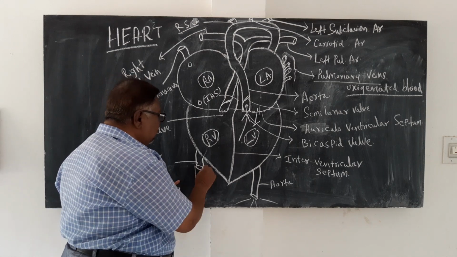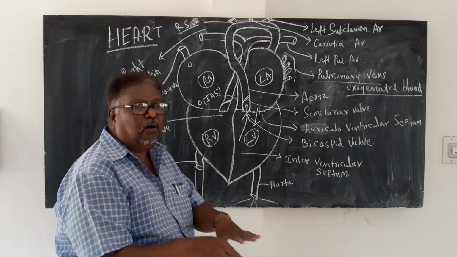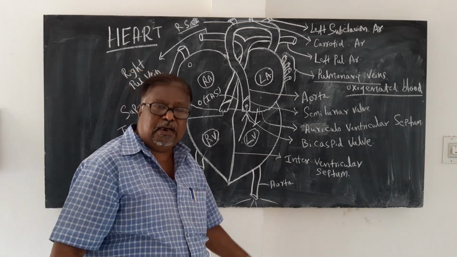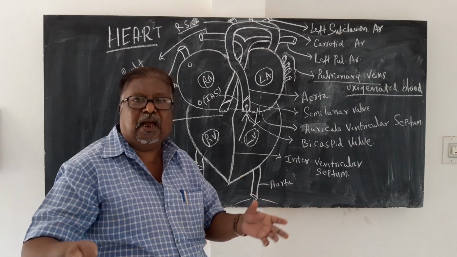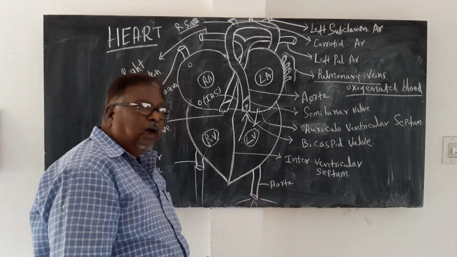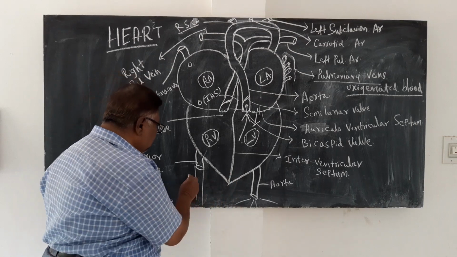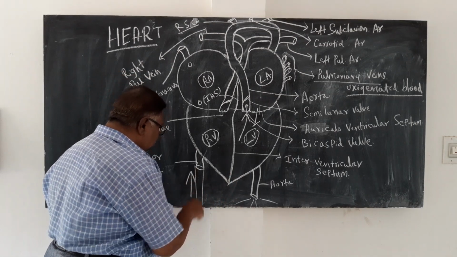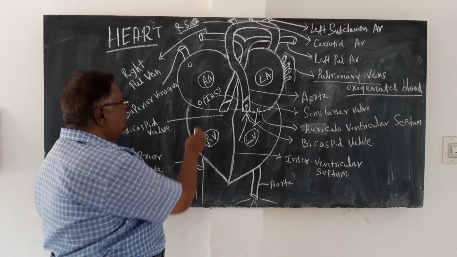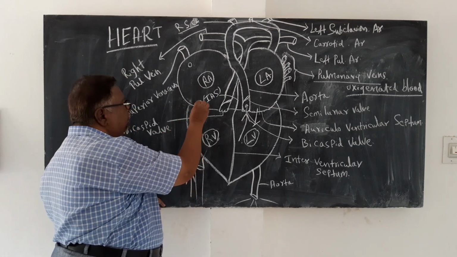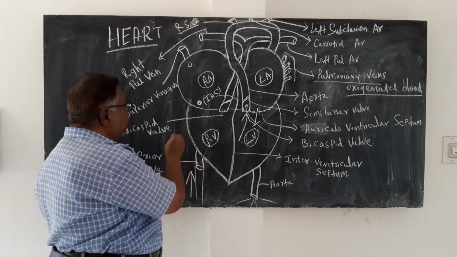This goes downwards like this only, giving the branches to all the parts of the body, from where it collects the venous blood, and that venous blood comes upward and it comes through the inferior vena cava to the right auricle. It opens here. This is the opening of the inferior vena cava.